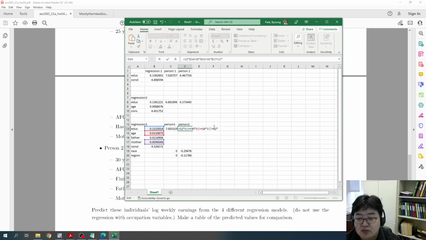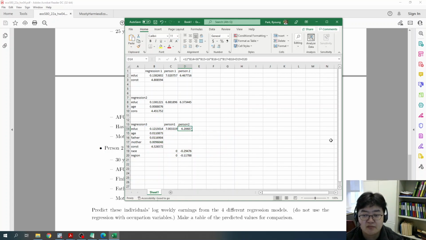Excuse me, typo. Mother had 12 years plus constant, and had to include this much adjustment. Add adjustments. Then prediction is like this, right?